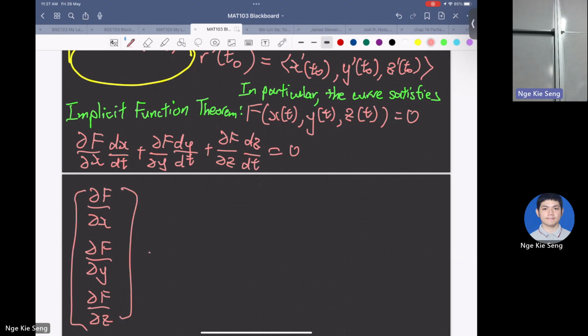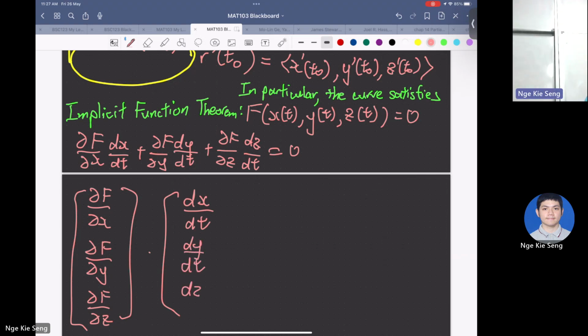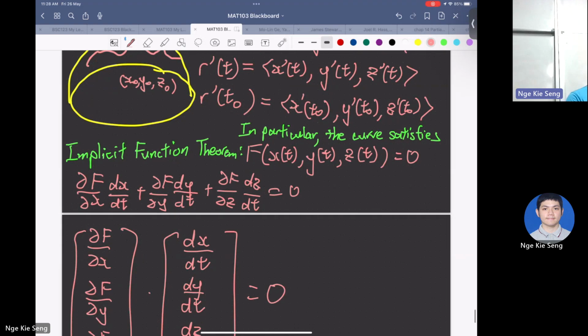Okay. So what's this dx over dt, dy over dt, dz over dt? So what are these? These are the derivative of your curve. Okay. So this is the r prime t. R prime t.